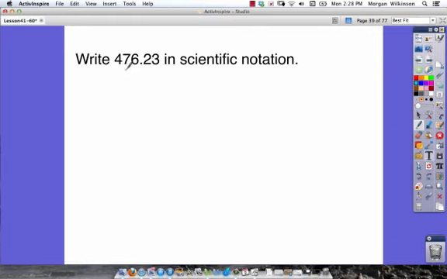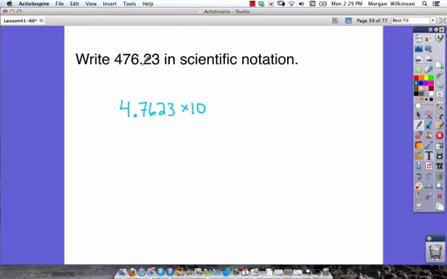Let's say we have 476 and 23 hundredths, and we want to write it in scientific notation. So remember, we only want something in the ones place. So this is going to become 4.7623 times 10 to some power.